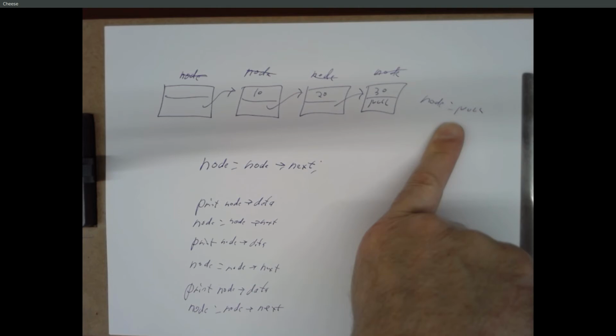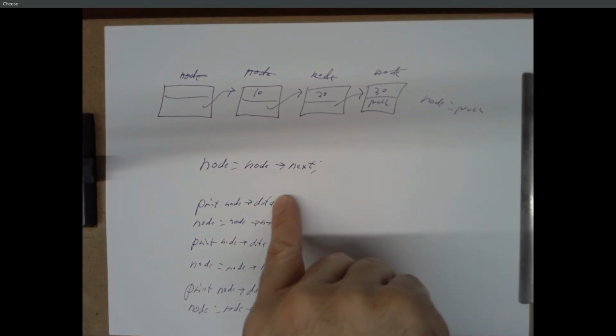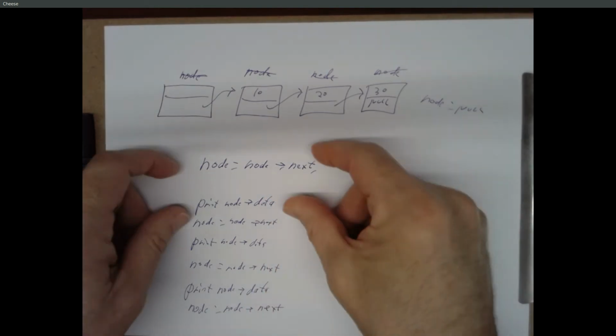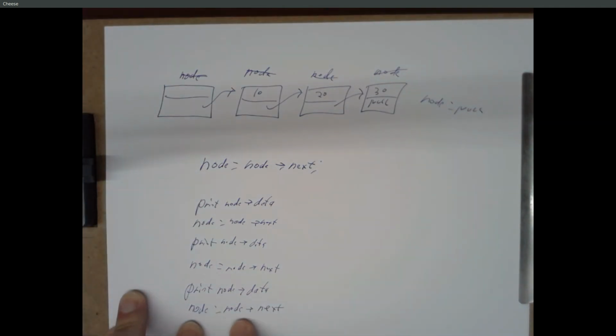So when you're trying to turn this into a while loop, sometimes it's useful to write out each of the steps you want without a loop, and then think, how can you bundle it into a loop? Well, I know I want to do node equals node arrow next and print node arrow data. So I could just throw that in a while loop. But the last thing I do is node equals node arrow next, and then notice that node is equal to null.